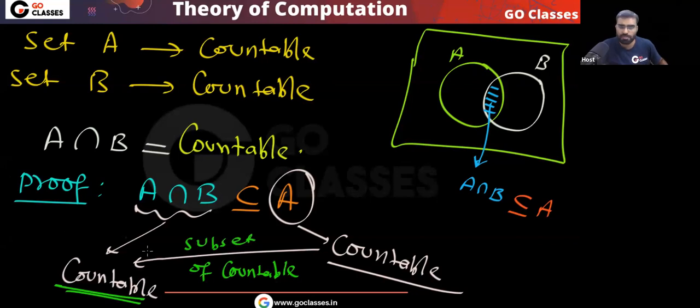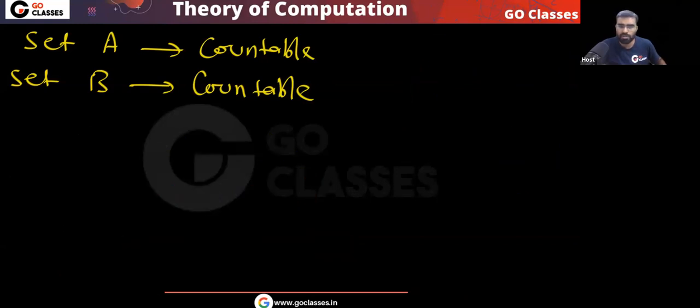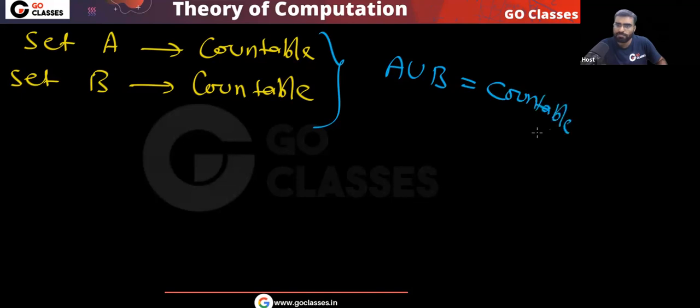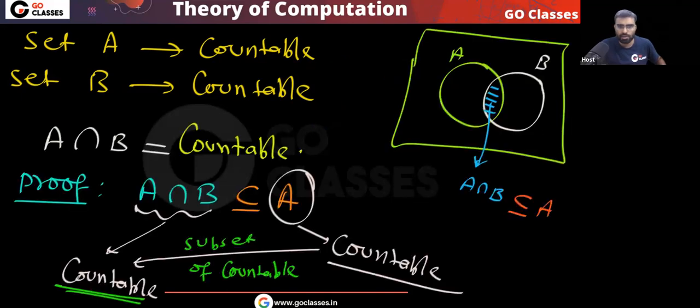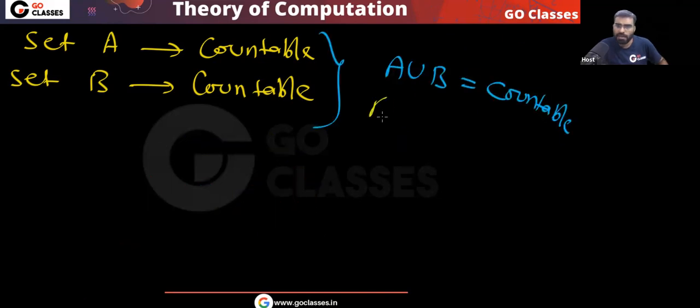I hope you understood. The same thing you can say: if set A is countable and B is countable, then A union B is also countable. And remember, A intersection B is also countable. Both are countable.